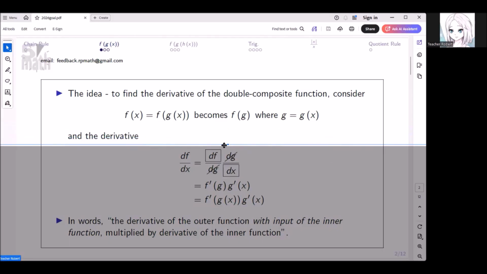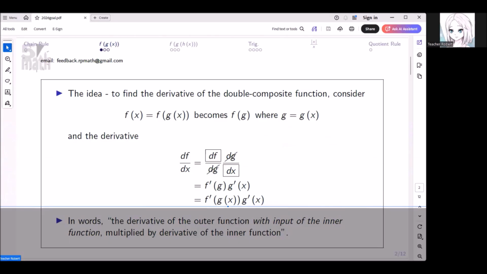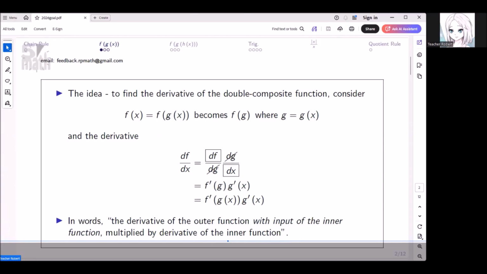And the derivative df dx equals df dg times dg dx, which equals f prime of g times g prime of x, that is, f prime of g of x times g prime of x. In words, the derivative of the outer function with input of the inner function, multiplied by the derivative of the inner function.